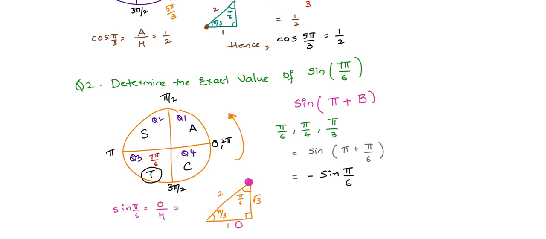So this is your opposite and this is your hypotenuse. So it becomes 1 over 2, which becomes minus half. Therefore, the exact value of sine 7 pi on 6 is minus half without the graphics calculator.